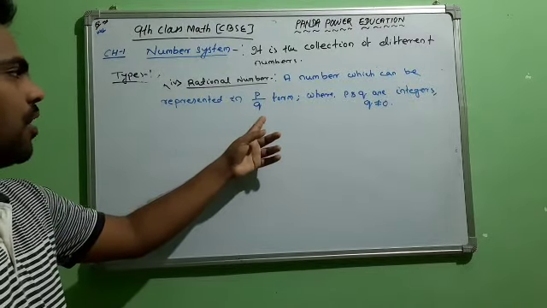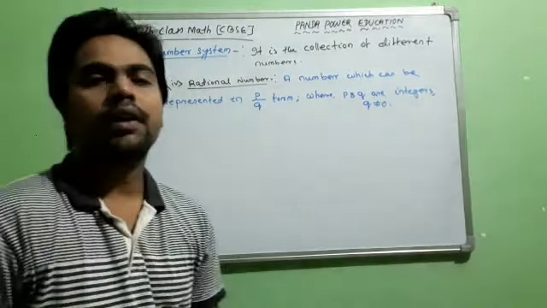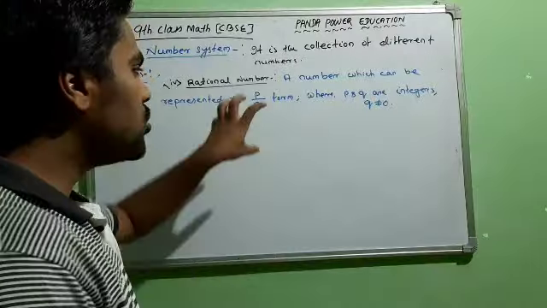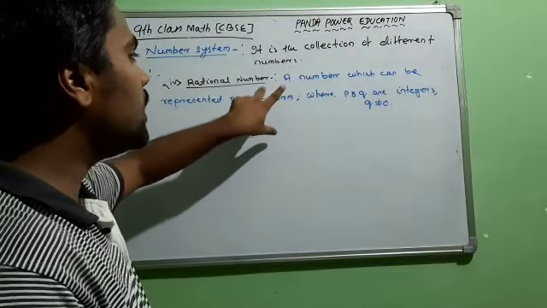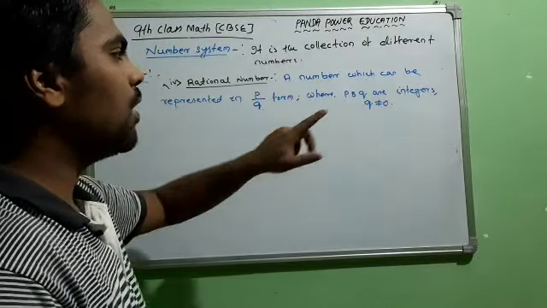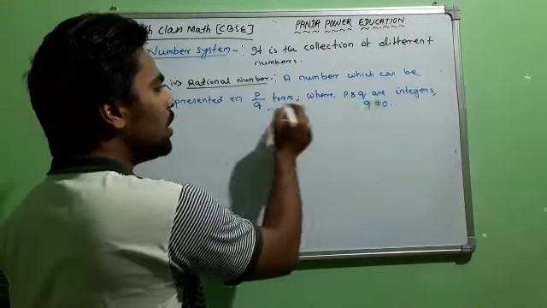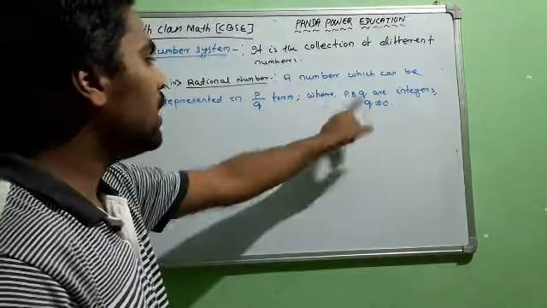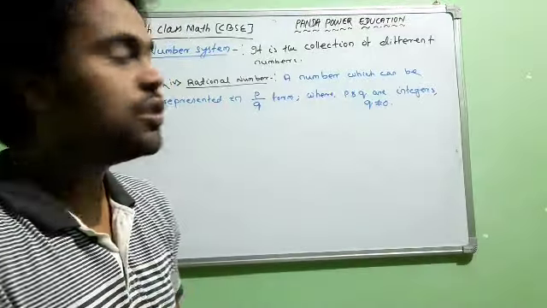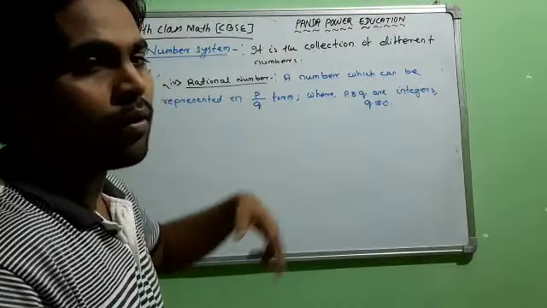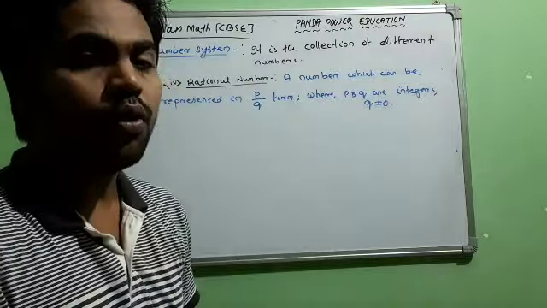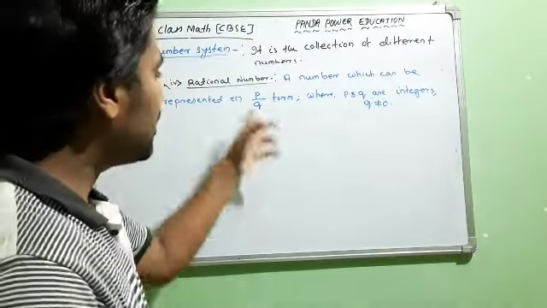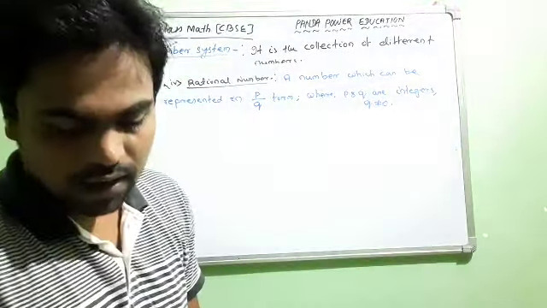That number is called a rational number.